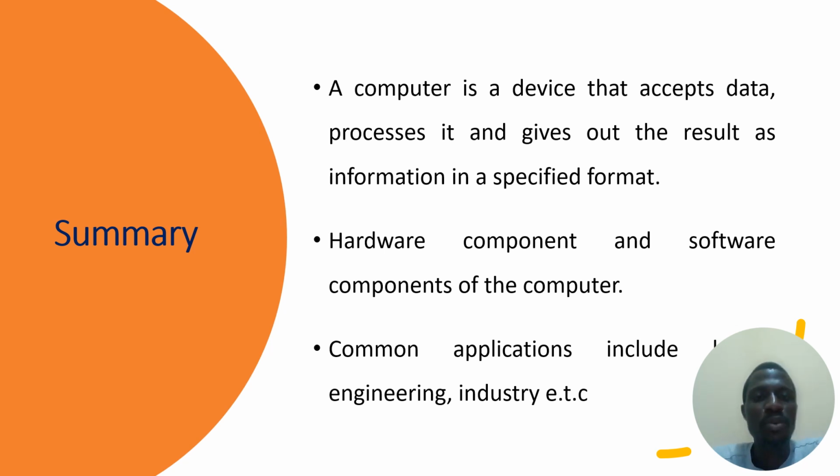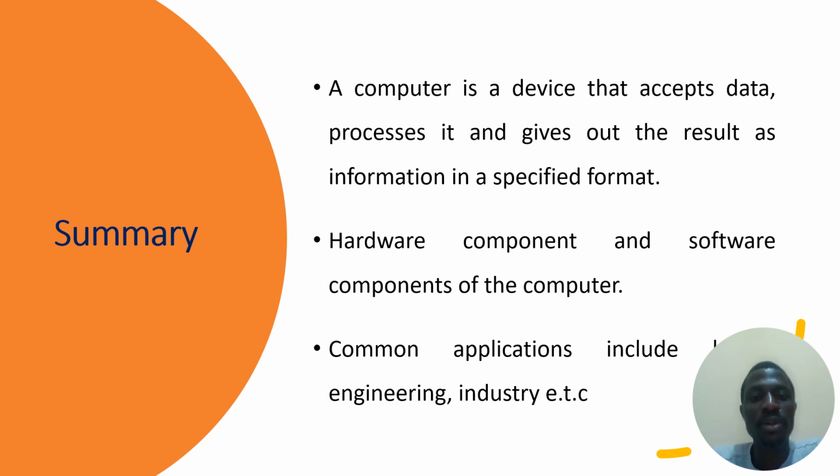A quick recap of what we have learned so far. A computer is a device that accepts data, processes it, and gives out the result as information in a specified format. We stated that we have basically two classifications of the components of a computer.